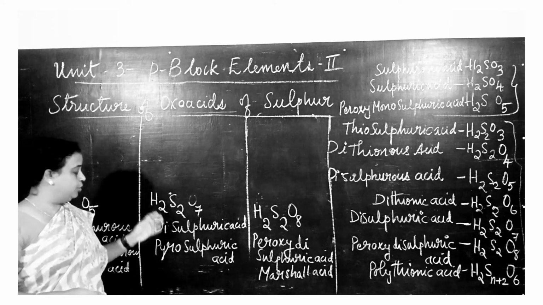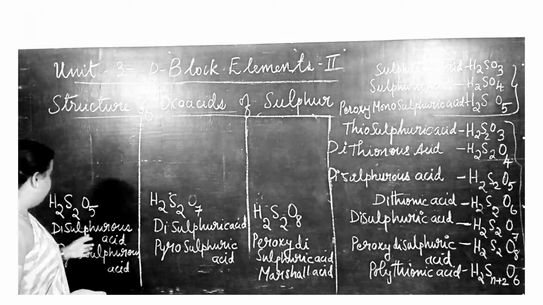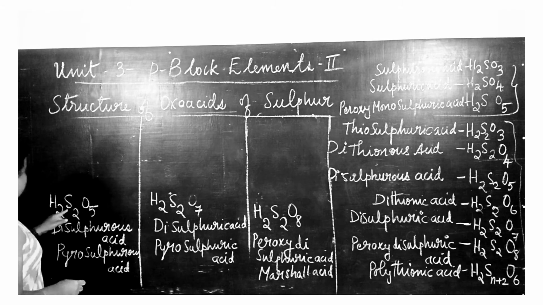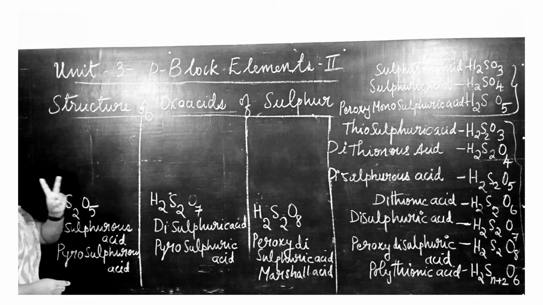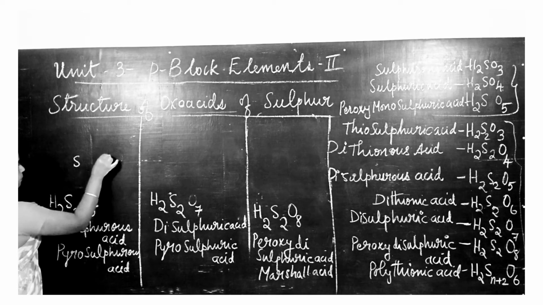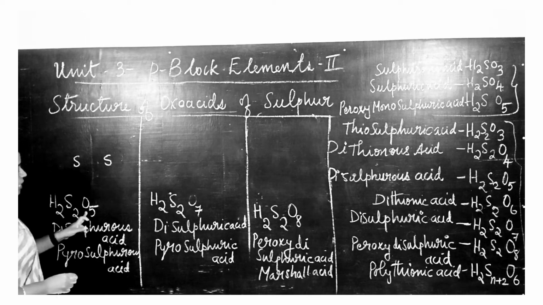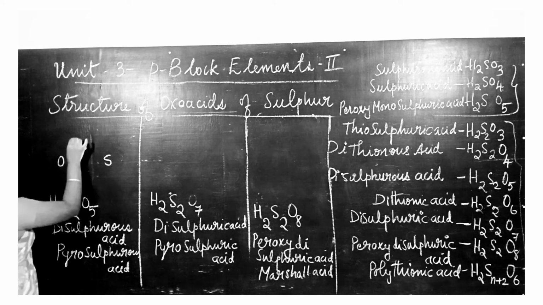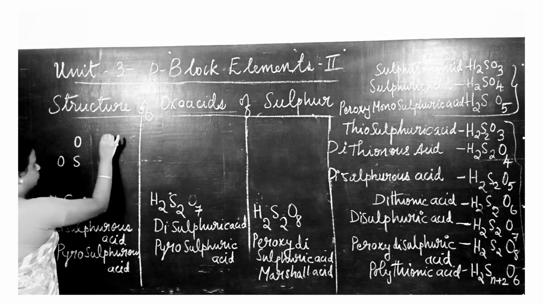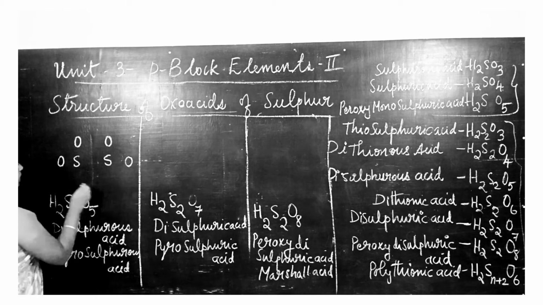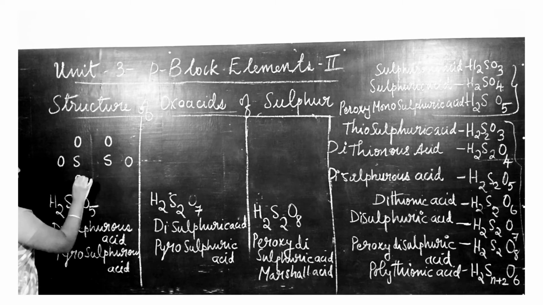Now let us draw the structure for these oxoacids. First let us go to disulfurous acid. How many sulfur atoms are there? 2 sulfur, so I put 2 sulfur here. How many oxygen atoms? 5 oxygen atoms. So I give 1, 2, 3, 4, and another one here, 5.